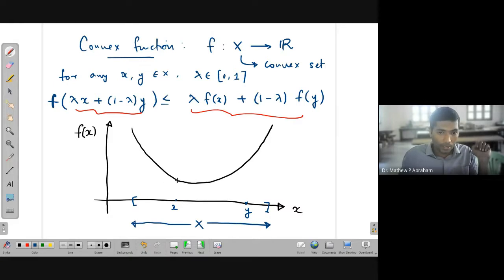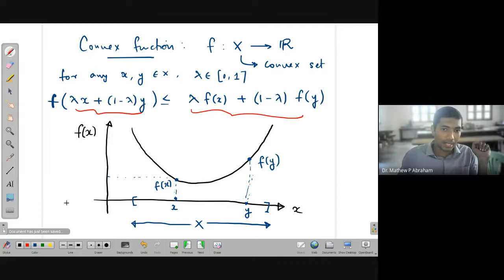Now I am considering the points on the function. This point is f of x, and here I am drawing a straight line, and this point is f of y. Okay, now we will check this definition. What this definition is saying, I will first see the right hand side. What is the right hand side saying?